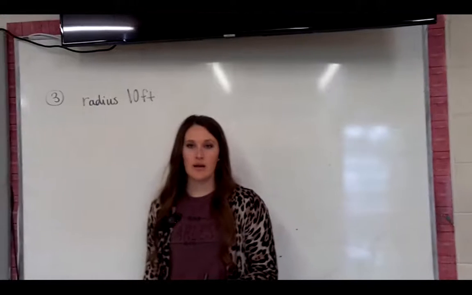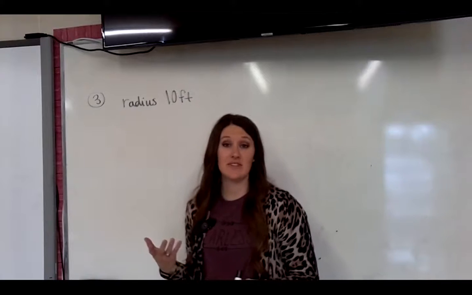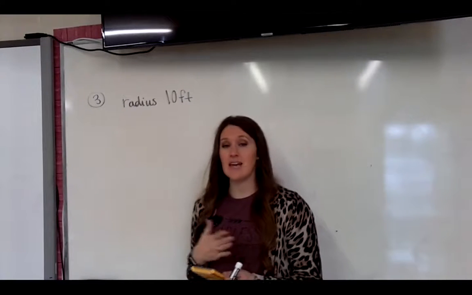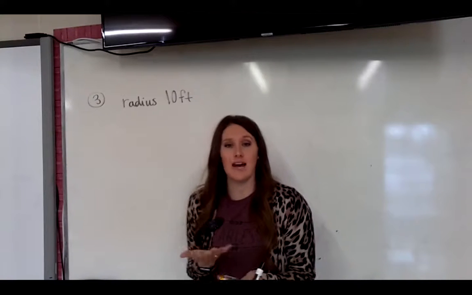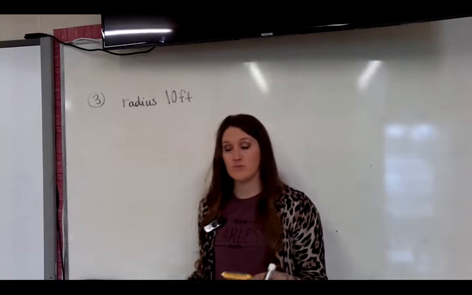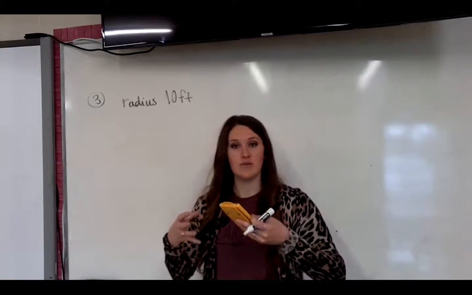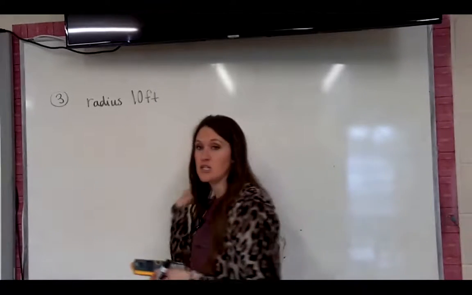Last one, number 3. Now we're going to look at a sphere. Spheres are unique. They have no vertices, no edges, no lines, nothing. It's just curved the entire way. So it has its very own unique formula for volume. Again, volume is if you were to fill it with something, water, something that would take the shape of that 3D shape.